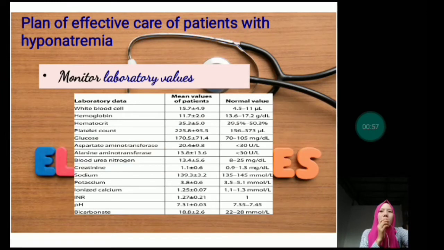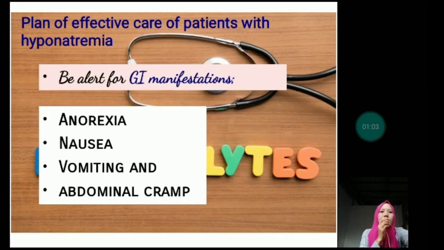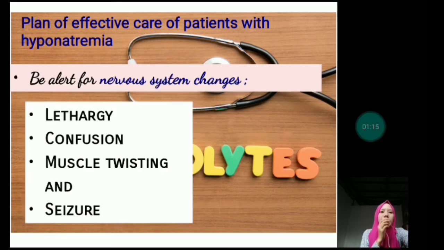Monitor laboratory values, for example sodium, and be alert for GI manifestations: anorexia, nausea, vomiting, and abdominal cramps. Anorexia means loss of appetite. Be alert for nervous system changes: lethargy, confusion, muscle twitching, and seizure.